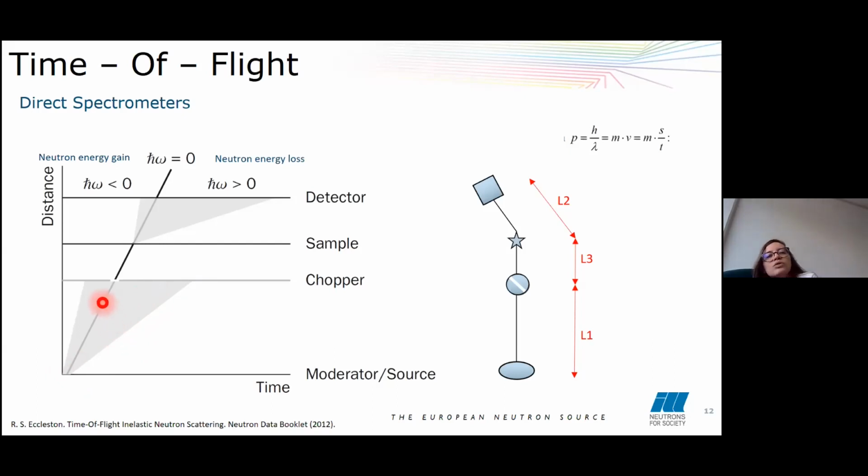And pulses of neutrons then leave this chopper. And by doing this, they reach the sample. So the neutrons scattered from the sample can either gain or lose energy. And in the middle here, we have the elastic line.